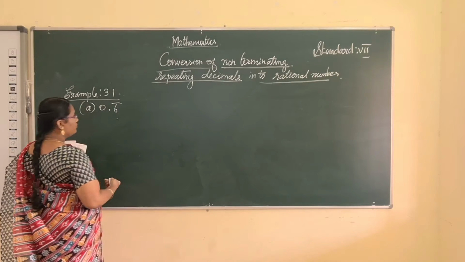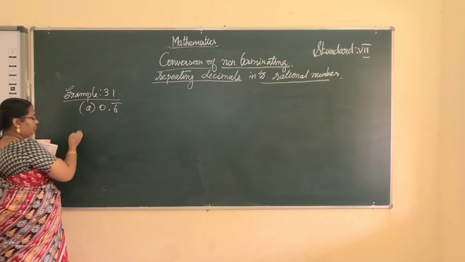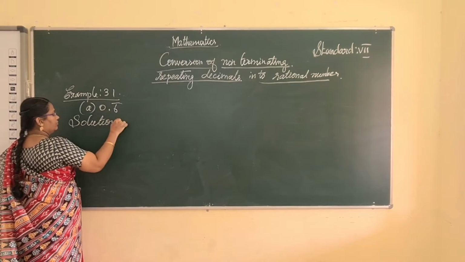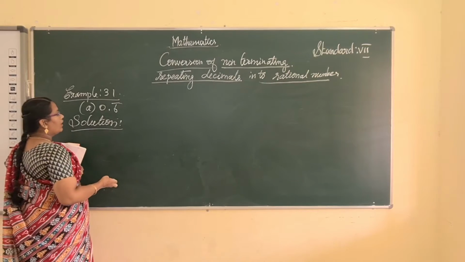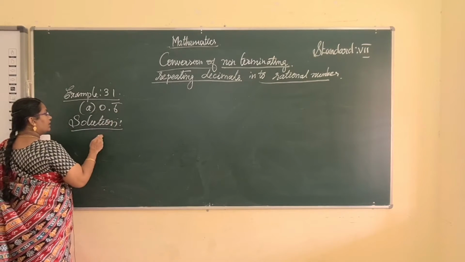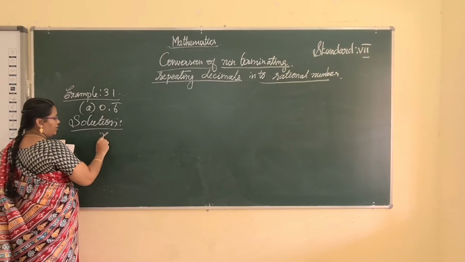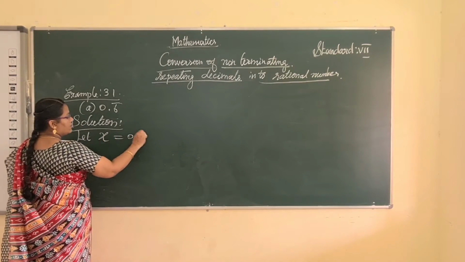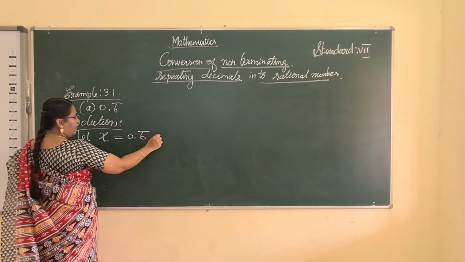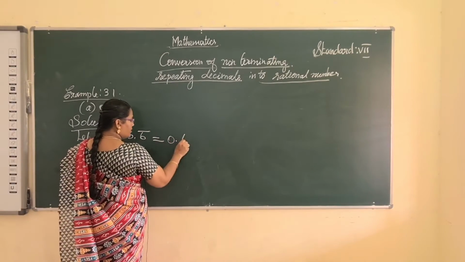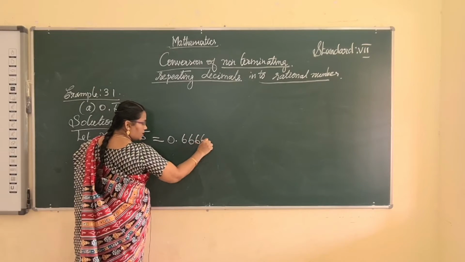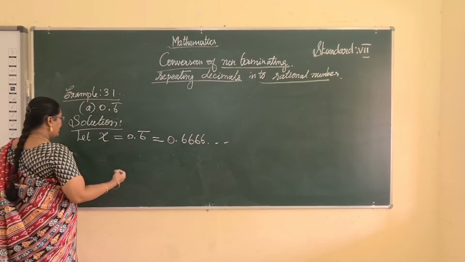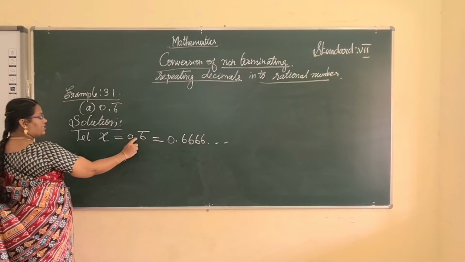Listen. Let the given number be x. Let x equal 0.6 bar, which means 0.666, going on endlessly.